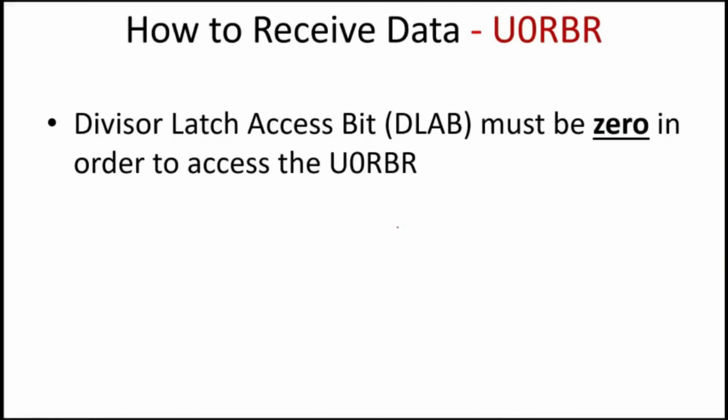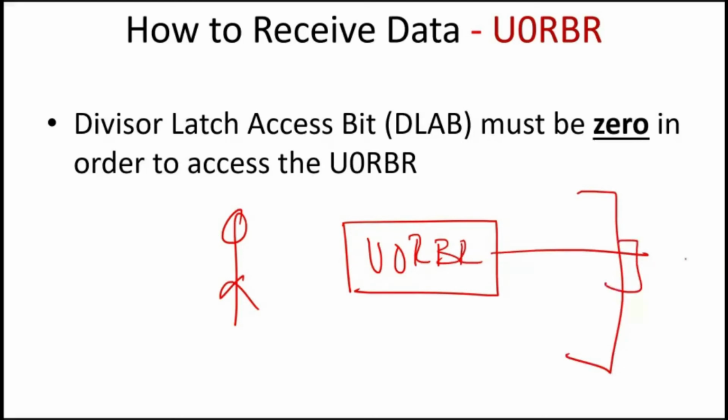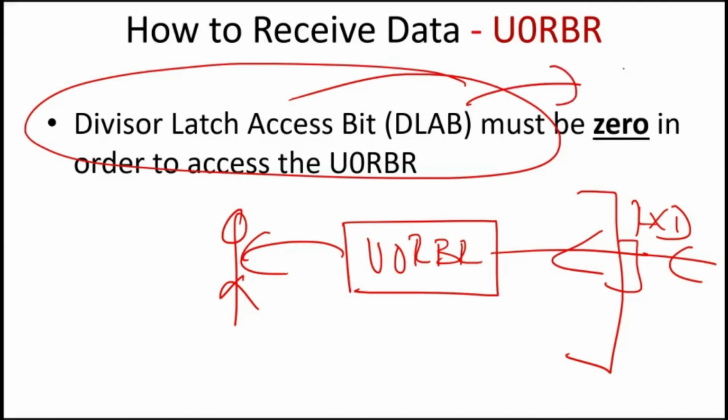The UART0 receive buffer register is used for reception, as I told you. So this is the user. It collects information from the external receive pin and feeds the data to the user. It is very essential that this DLAB bit must be 0. If it is 1, then you can no longer access that. Keep that in mind.